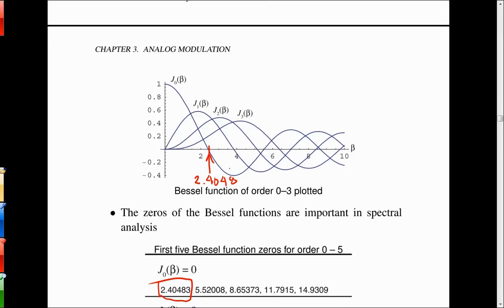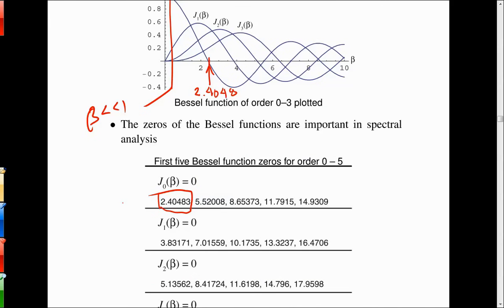When beta is really tiny, beta much less than 1, the J0, which is the strength of the carrier, is pretty much 1, and then the other Bessel functions are just starting to grow, but they all start from 0, so they're very tiny at that point.